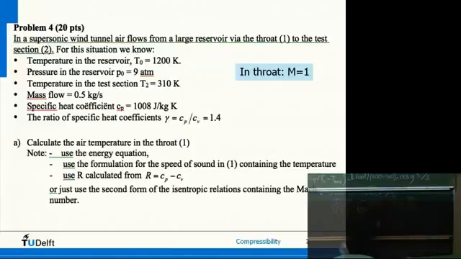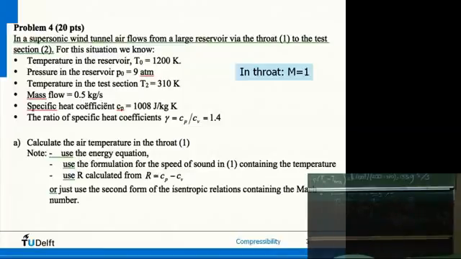Then rho 0 is equal to the pressure, 9 atmosphere, so 9 times 1.01 times 10 to the power 5, divided by R, 288, times temperature in the reservoir, 1200. So then we find the density in the reservoir to be 2.64 kilograms per meters to the third.